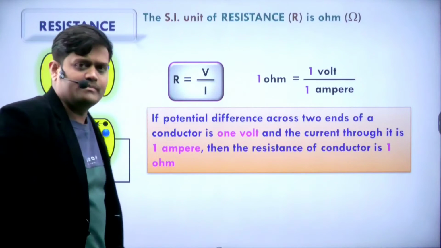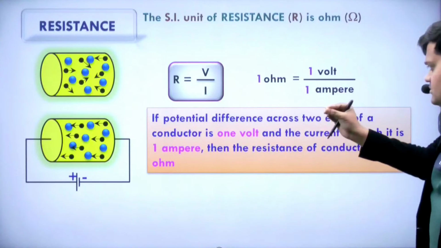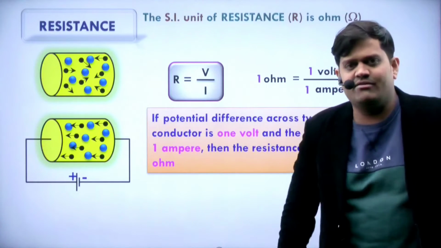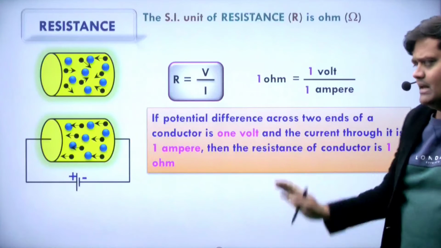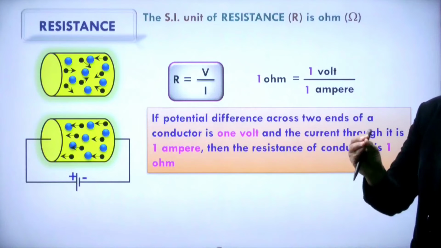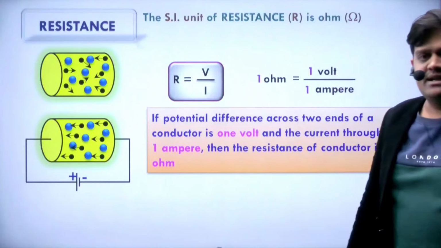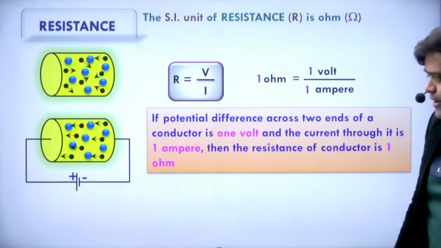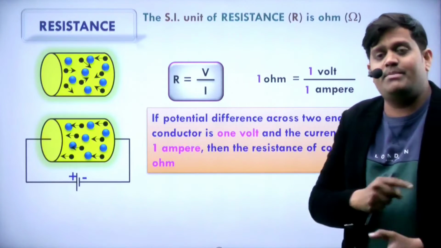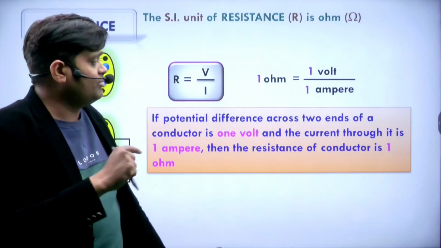So here we find the definition of 1 ohm. Resistance also depends on length and cross section area; let's see in the next slide.